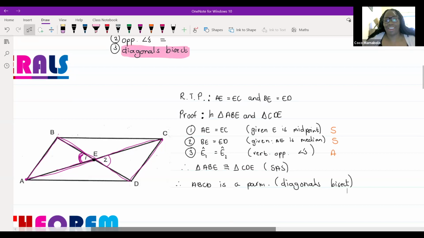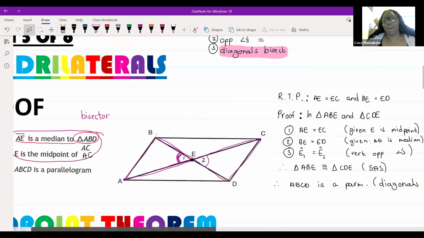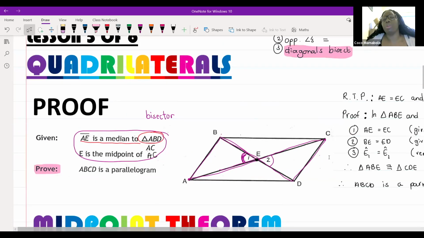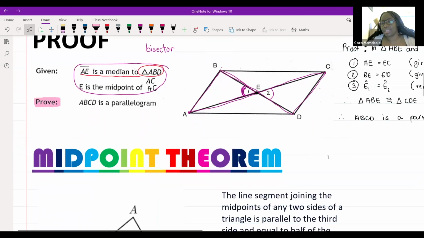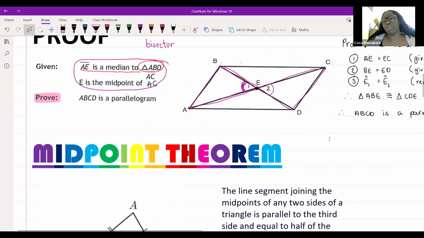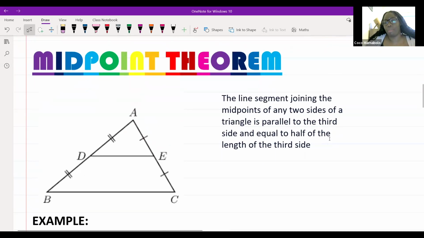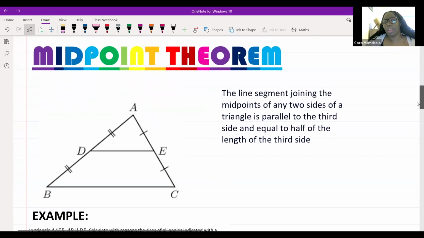Thumbs up for now. All right, let's not hop on quadrilaterals that much anymore because we've done our parallelograms and such. Today, we're going to be focusing on the midpoint theorem. Just give me a thumbs up if you've done the midpoint theorem at school, thumbs down if you have not, please.